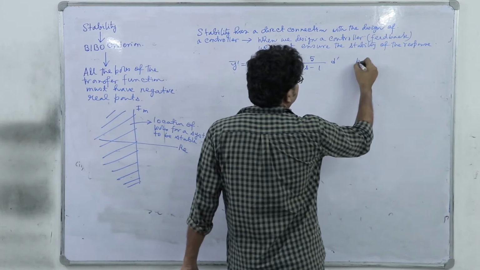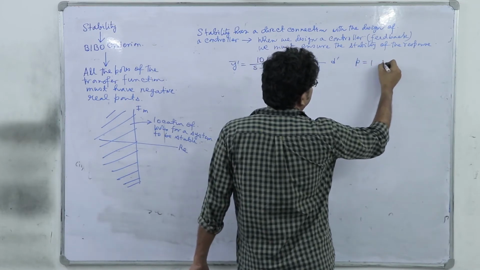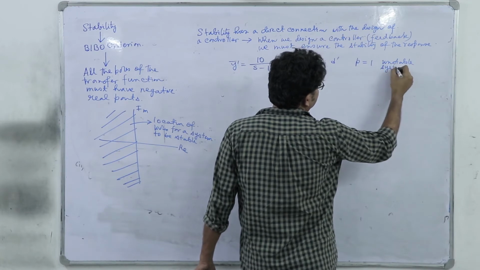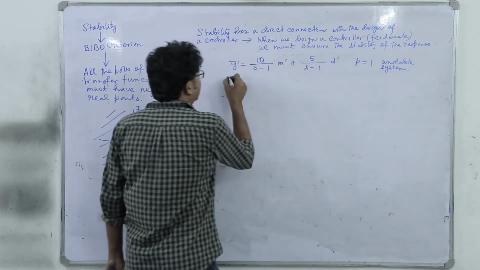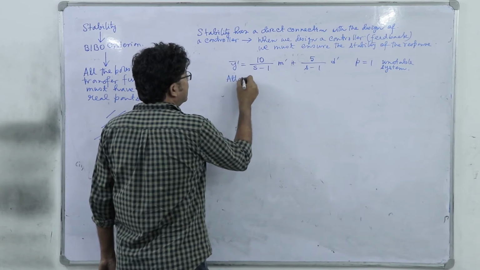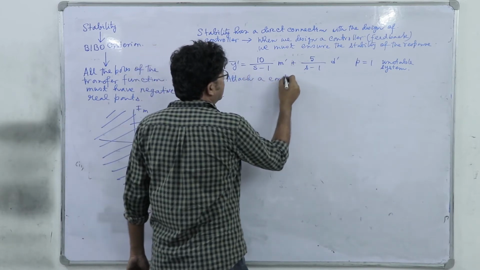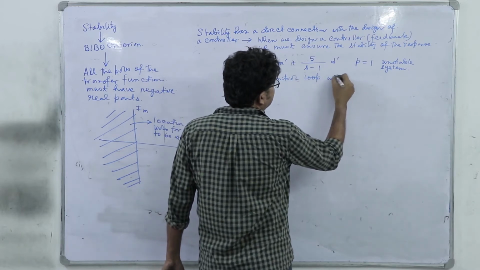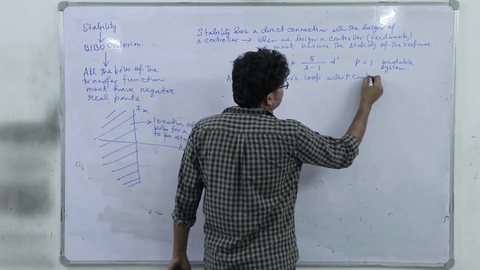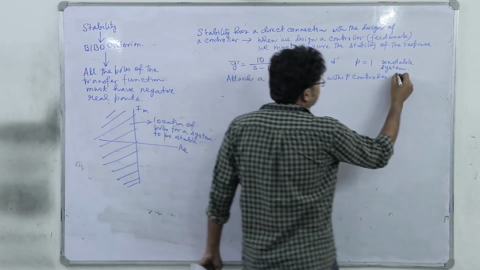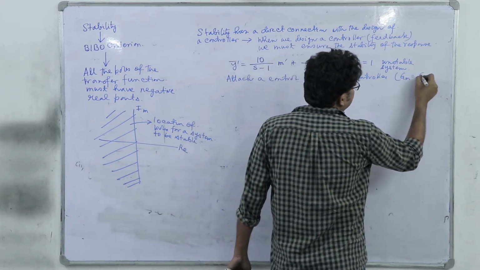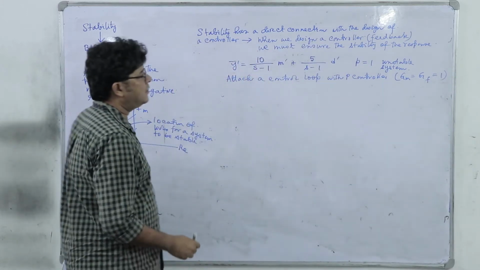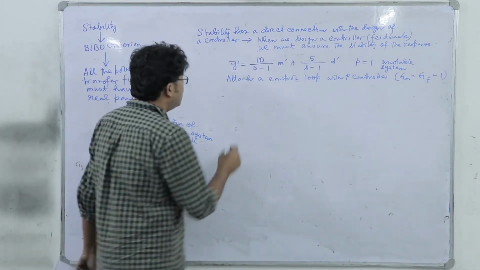So the pole P is equal to 1 and it is an unstable system, that we can understand. Now, attach a control loop with P controller, and as we did in the case of simple feedback loop dynamics, we consider GM and GF to be equal to 1.